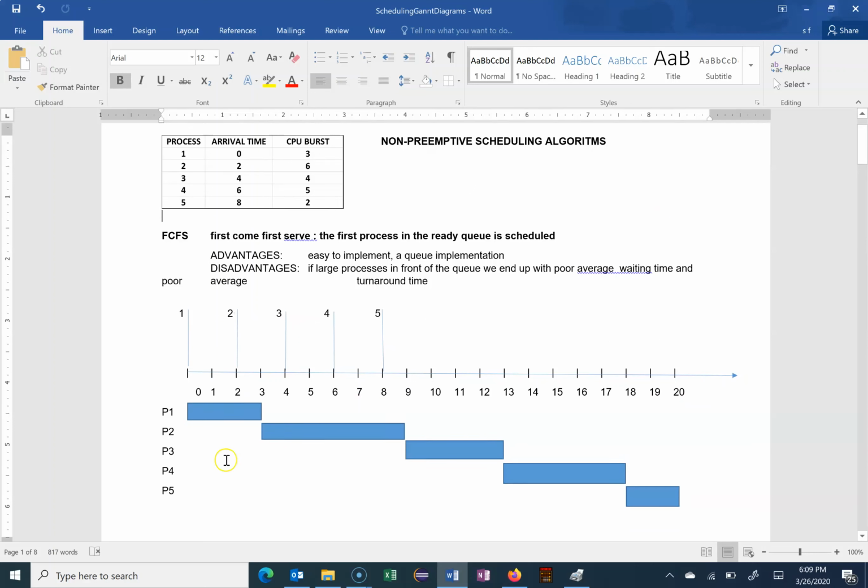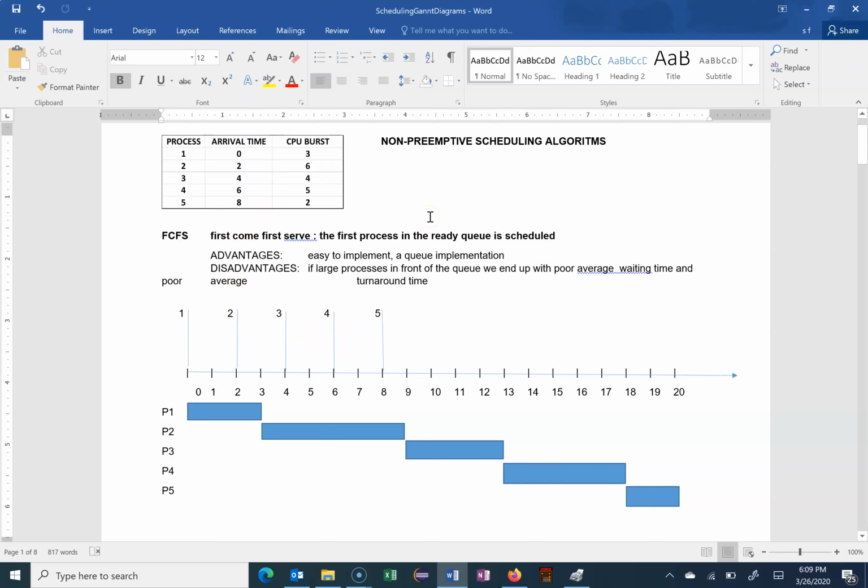Okay, so this is the time axis, and here we have the times when our processes arrived. Process 1 arrived at moment 0, process 2 at moment 2, and so on.